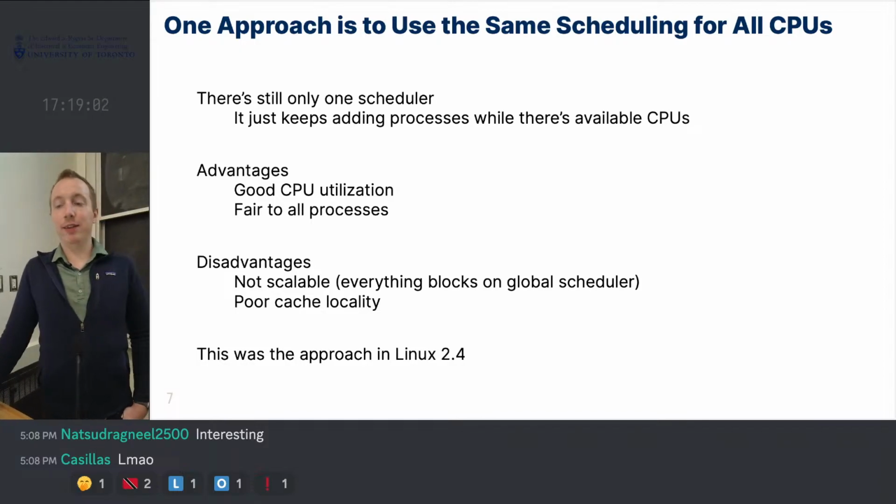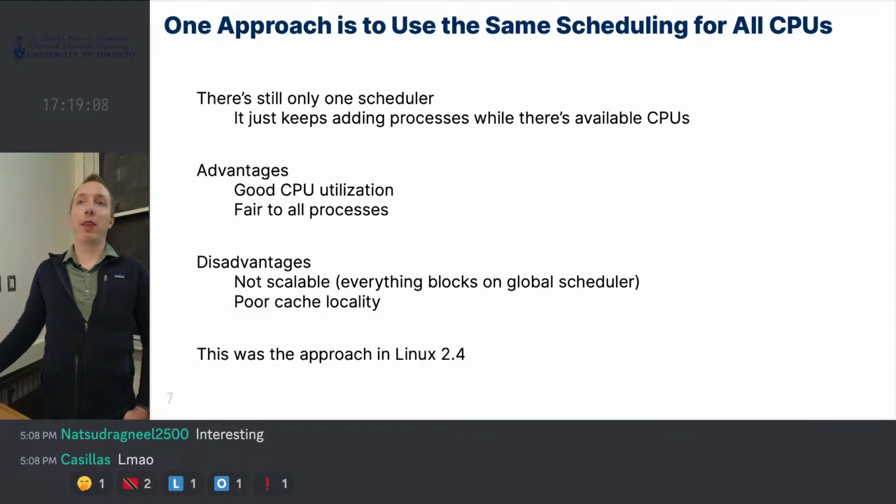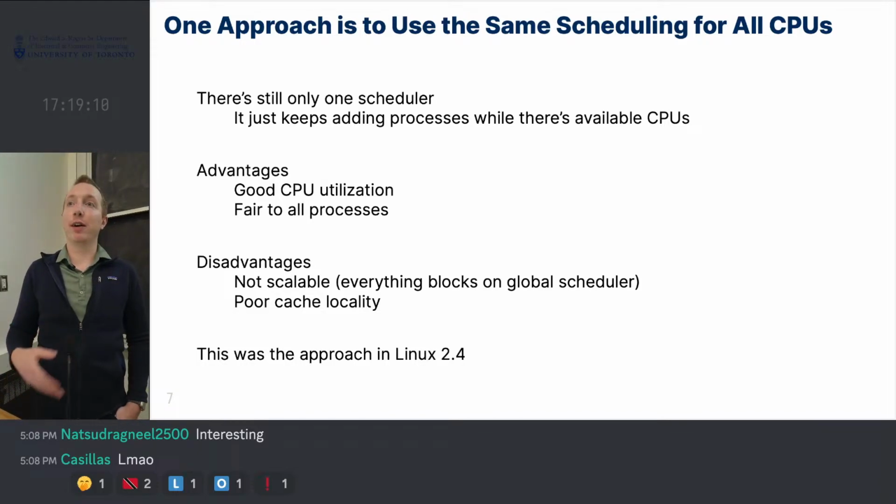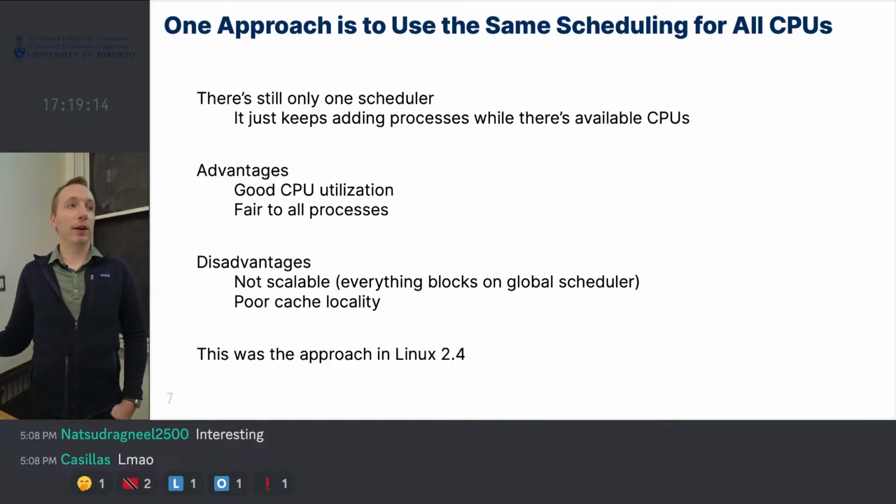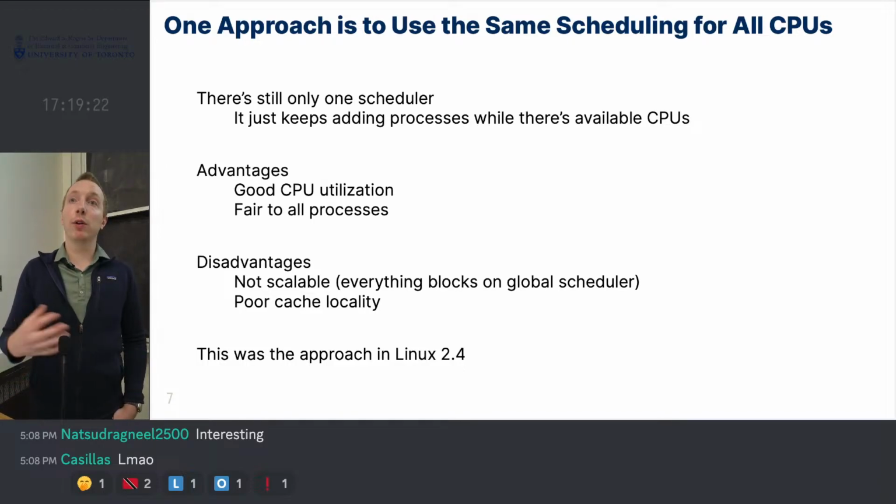The last disadvantage is poor cache locality. What does that mean? Cache locality just means things in the cache stick around, and if a process gets scheduled on the same CPU core, that means its cache might still be local on that same CPU and still might be around.